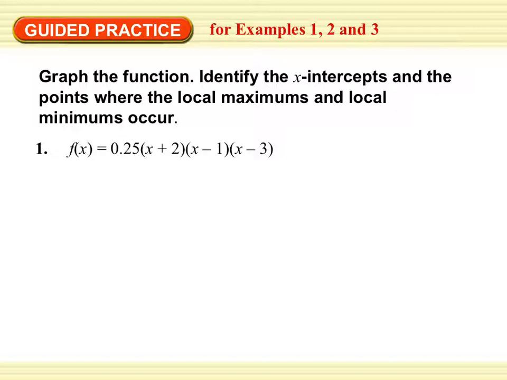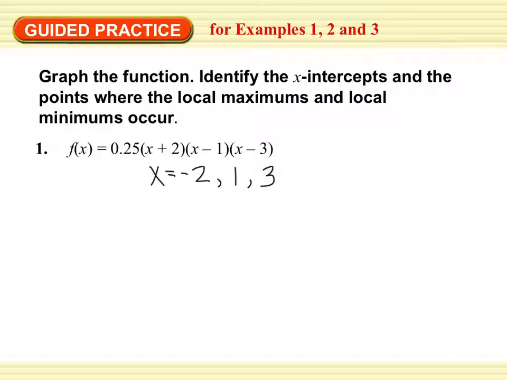All right. Graph the function, identify the x-intercepts and the points where the local maximums and local minimums occur. So our x-intercepts are going to be x equals -2, 1, 3, right?